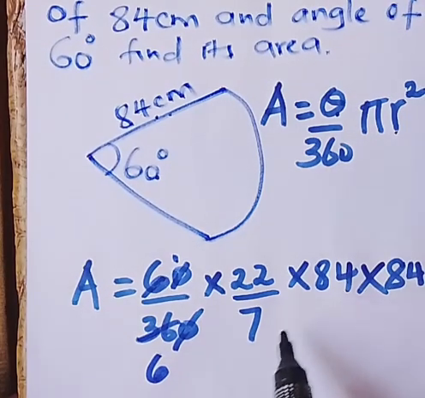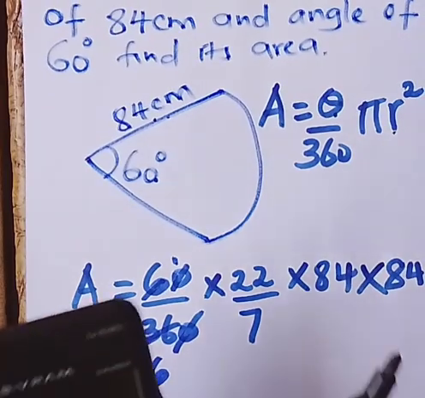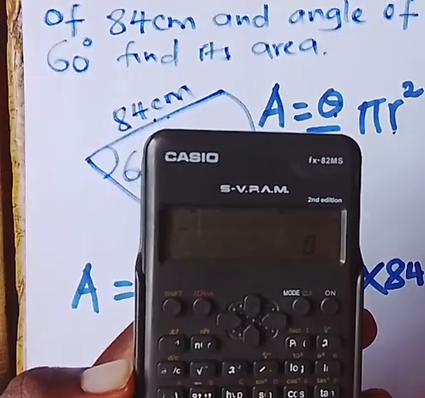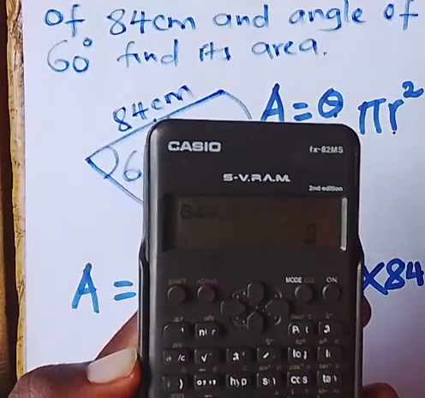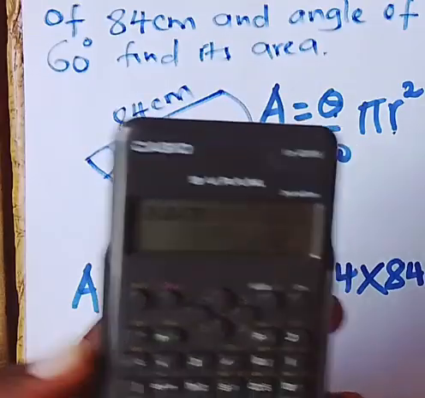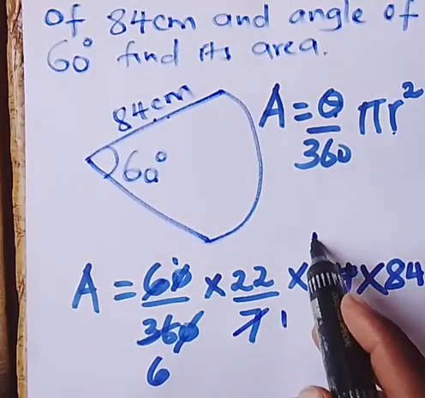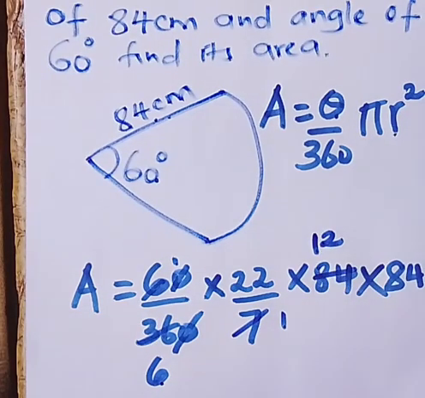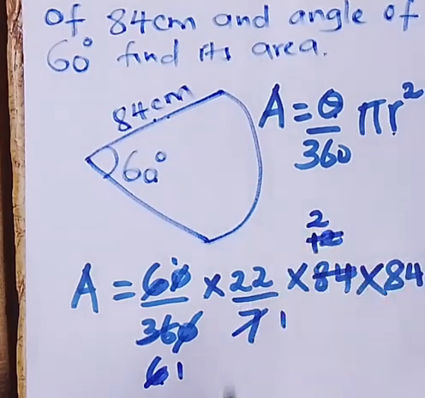Looking at 84 and 7, feel free to use a calculator to see whether 84 can be divided by 7. 84 divided by 7 is 12. So by 7 you get 1, and by 7 you get 12. Then you have 6 and 12. 6 goes into 12 how many times? 2. So you have 2 there.